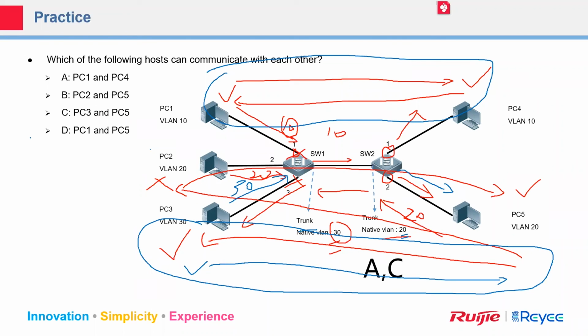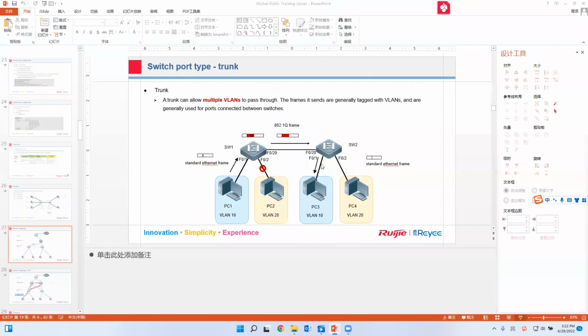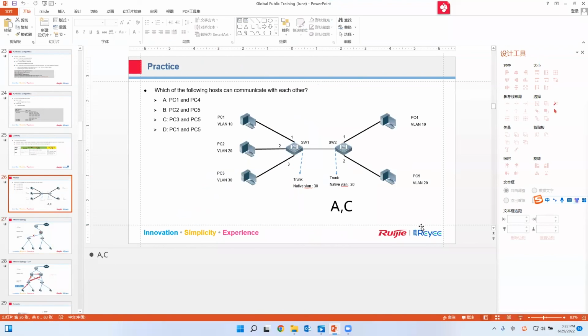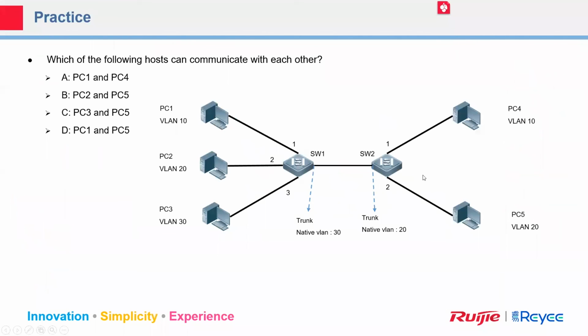About the answer C. Okay, wait a moment. Yes, so that's why I say I only give the topology for you to understand the principle. Because in a real network, the native VLAN may be the same, but it depends on the vendor.